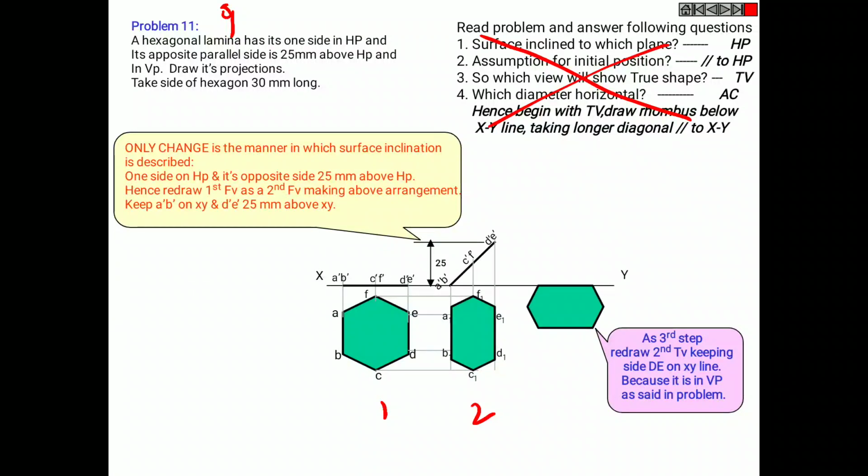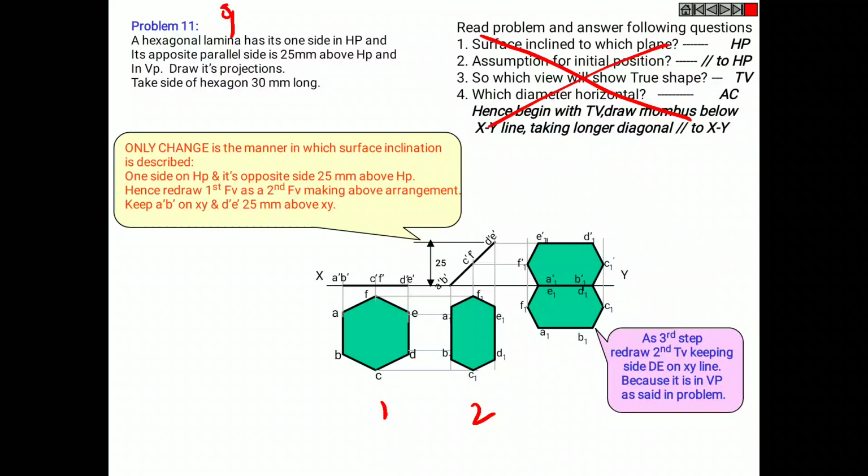So now this diagram on VP. Now take the projections for both VP and HP, draw the figure. So this is your third stage.